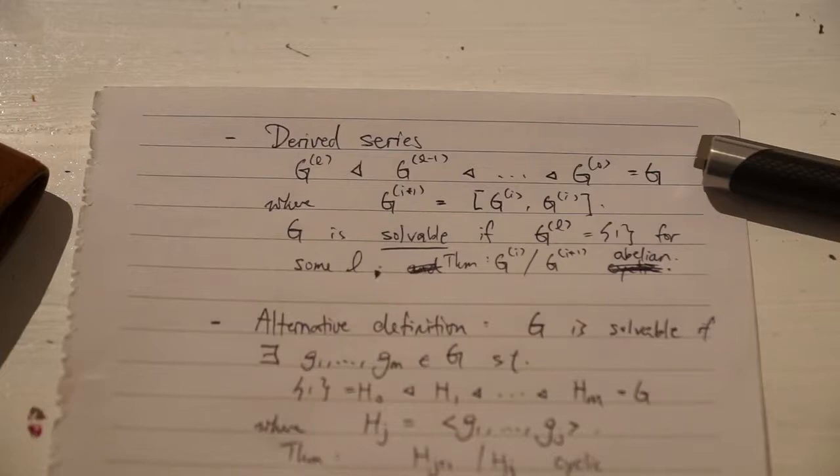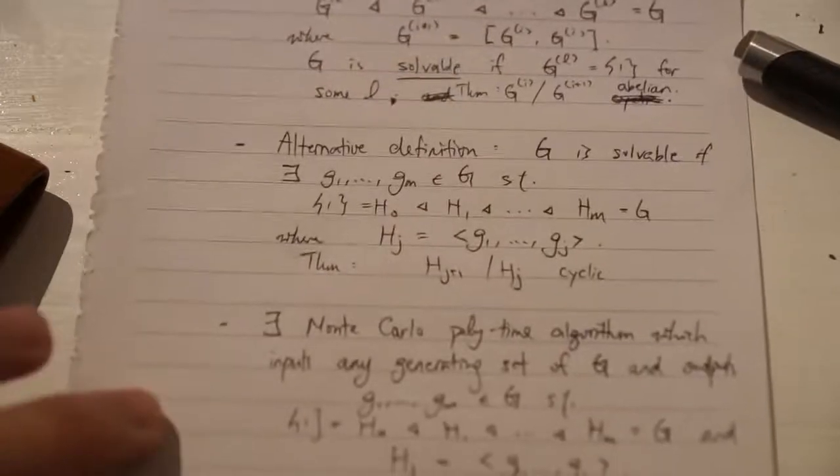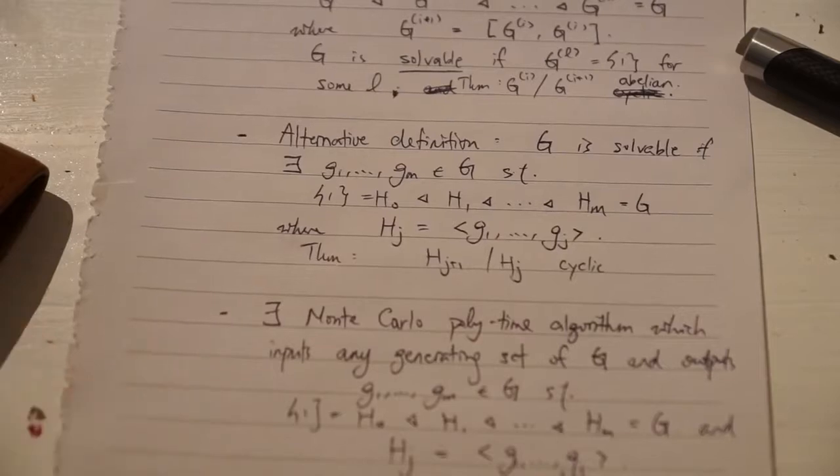If this happens, then we have a result saying that the quotient group G^(i) over G^(i+1) is abelian. Alternatively, we have another definition, which will be more convenient for us.